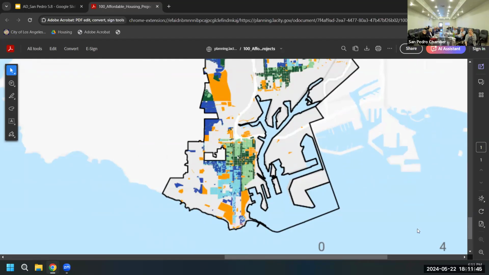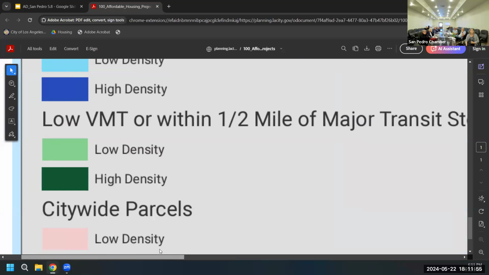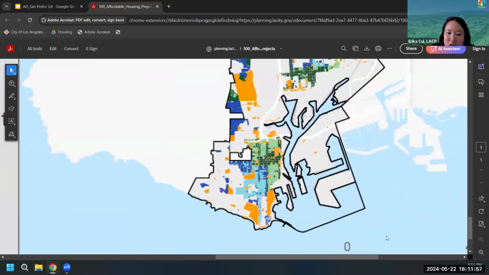That's okay. So vehicle miles traveled, that's the green part. How's that determined? Yeah, so vehicle miles traveled is defined by state government code, specifically section 65915, subsection (o), paragraph (9).